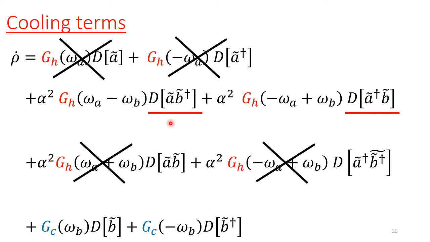And you can see we have a beam splitter type interaction, but this time this is not a coherent interaction, this is a dissipative interaction. So the question is, can we have this sort of dissipative interaction and still cool down the mechanical resonator? This is the big question we ask.